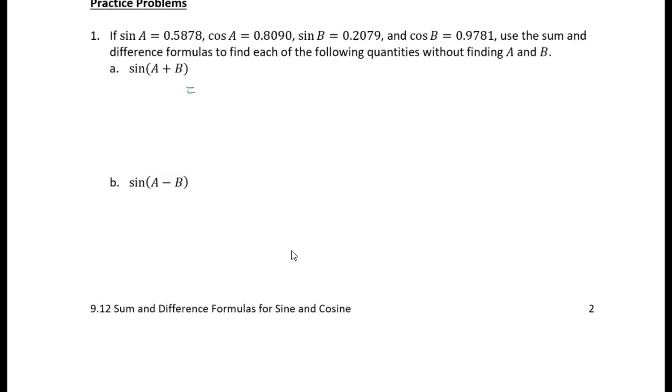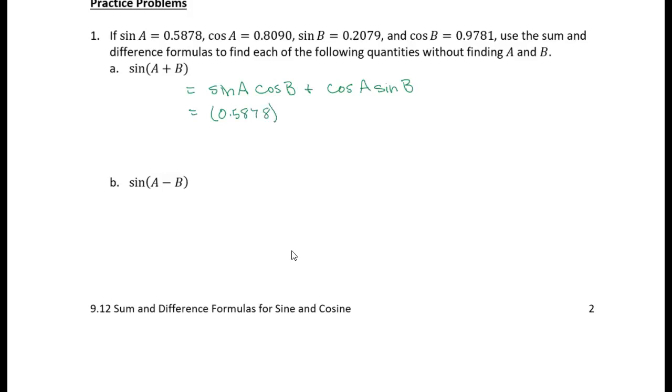Okay, so the sine of a sum is the sine of A cosine of B plus cosine of A sine of B. So again, you don't have to memorize these. Just have your sheet out in front of you, and just make the substitutions for the angles. Okay, so now we're given those values. Sine of A is 0.5878.